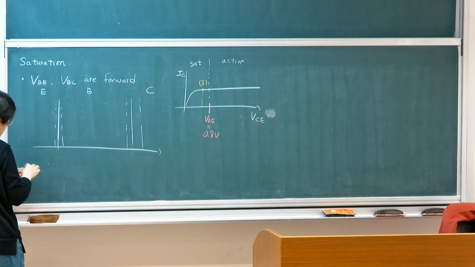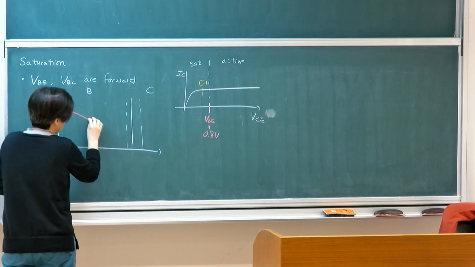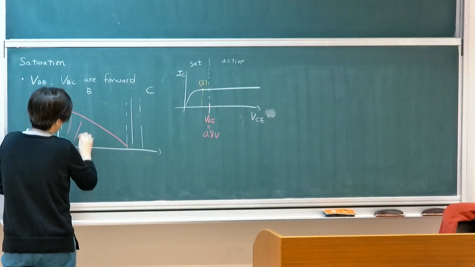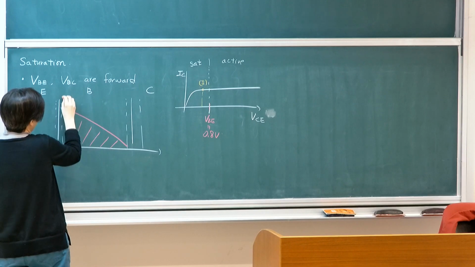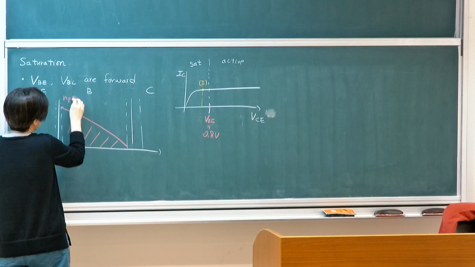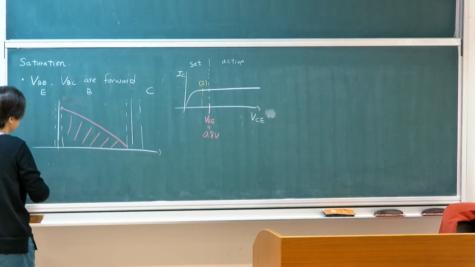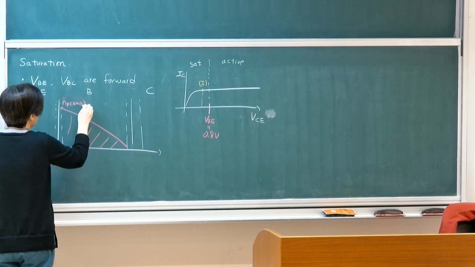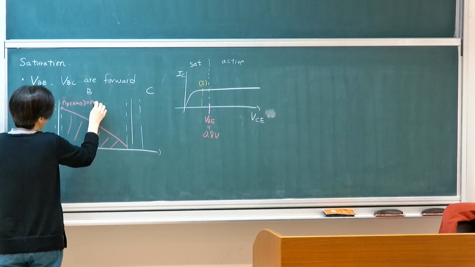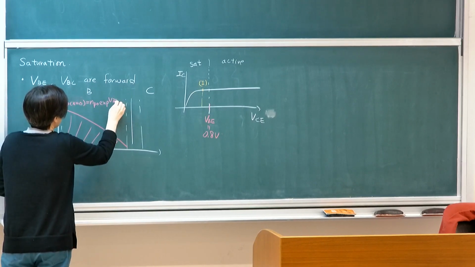So at 0.1, what happens is that originally we have this slope, right? This is what happens when you have high NP, exponential, I should say NP at x equals 0 at a fixed forward-bias condition where it's controlled by VBE, right?